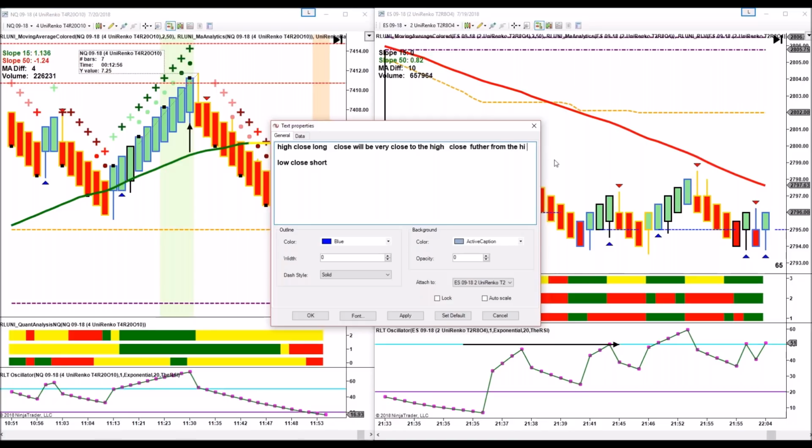So when that happens, that's when you get divergence. Here, the oscillator pulls up really far because the close is close to the high. Here, the oscillator pulls back because the close of the move is further from the high. I mean, you're losing momentum. And that anticipates, since momentum is waning, that the market's going to turn.